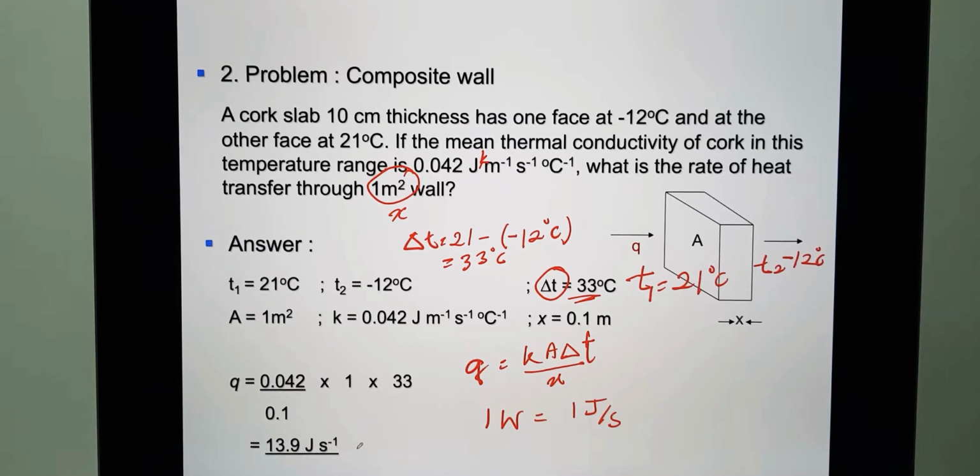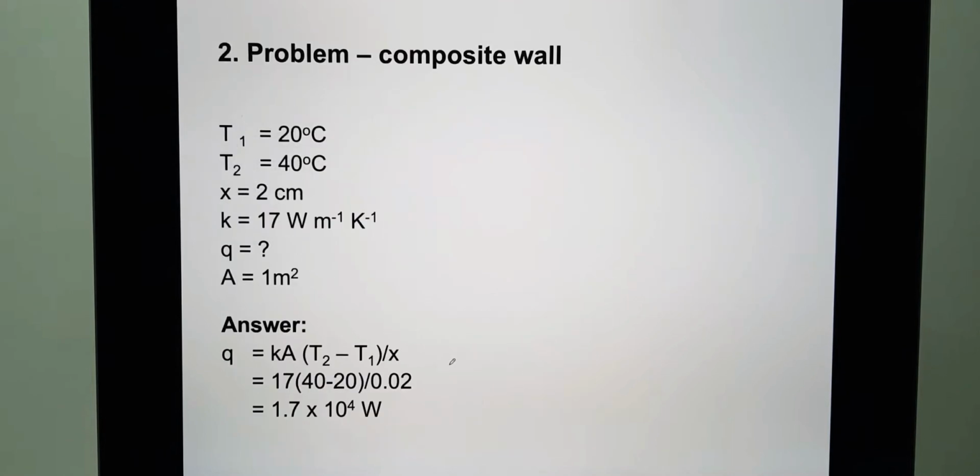So this answer can be expressed as 13.9 watt as well. It is not wrong, they are the same thing, but you need to select just one unit only. Do not use both units.